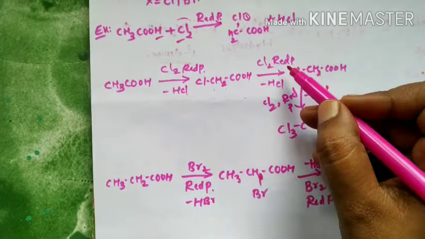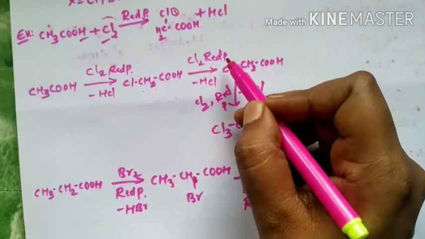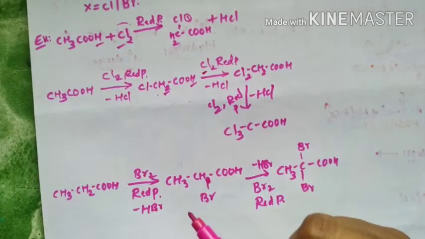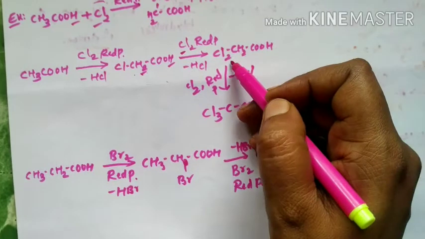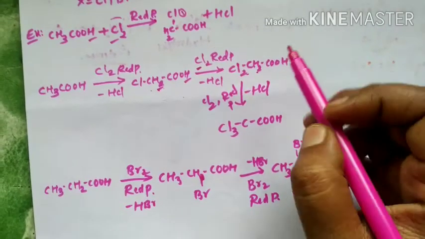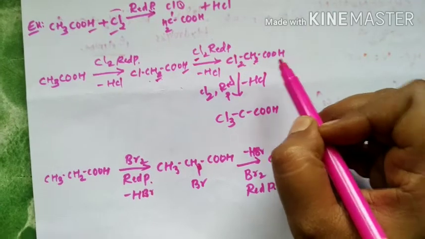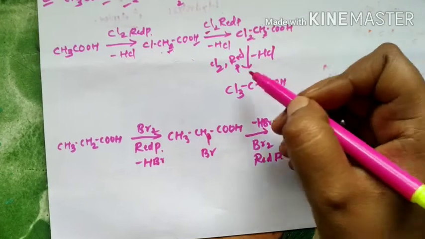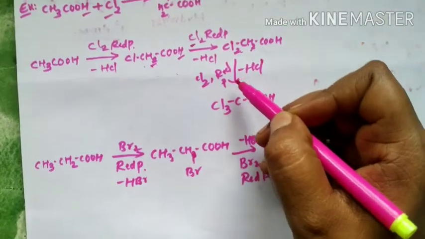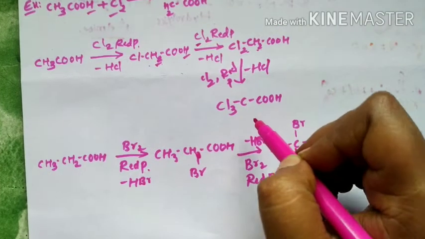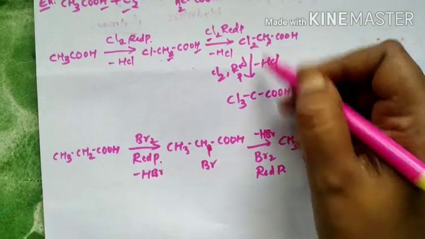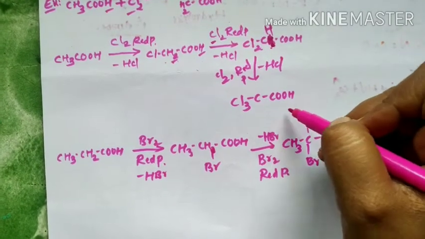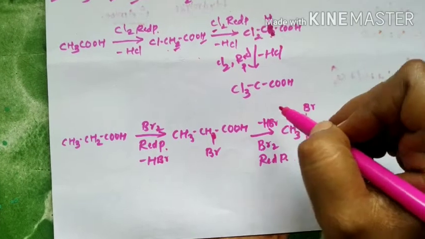Further treated with chlorine in the presence of red phosphorus, again there is a removal of HCl, and it forms Cl2CHCOOH, dichloroacetic acid. Further treated with Cl2 in the presence of red phosphorus, it forms Cl3C COOH, that is trichloroacetic acid.